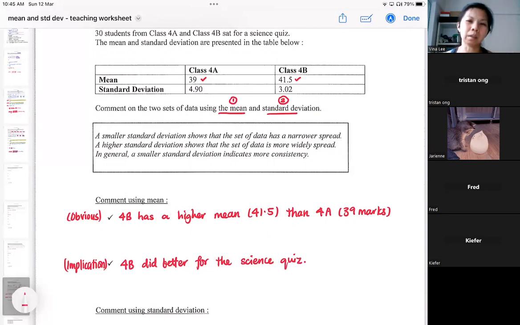You will look at what the context is talking about. So in this context, we talk about the marks, so we will compare according to the science quiz. Okay, so Jiren, you check it out. Make sure you copy the idea.